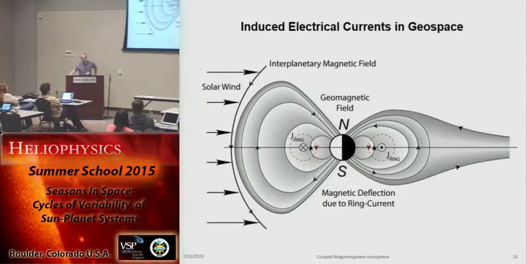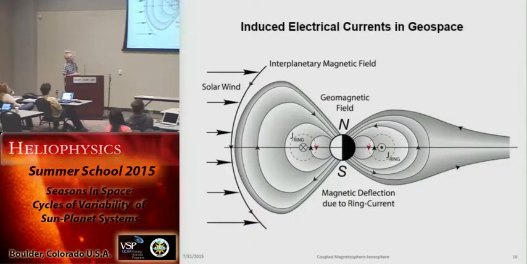So suppose that we have a ring current, and this ring current depends on ambient conditions in the solar wind. Sometimes the ring current can be very large, sometimes it can be very weak. And so as the ring current intensifies or subsides, the induced magnetic field due to the ring current is going to change.